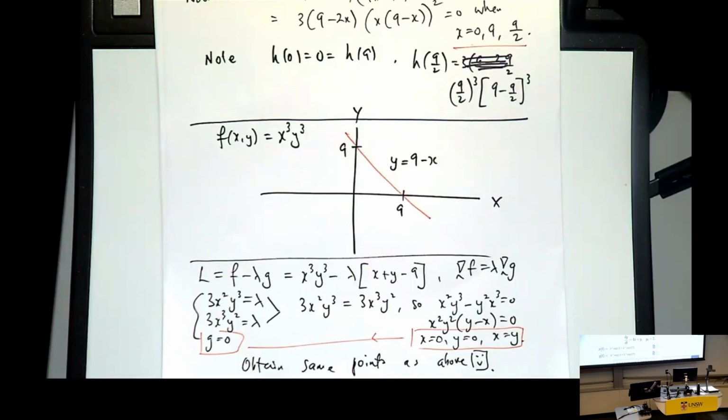I did this in class, so I'm going to do the Laplace transform version of this, but let me scroll down to that. I'll come back to that if I have time.